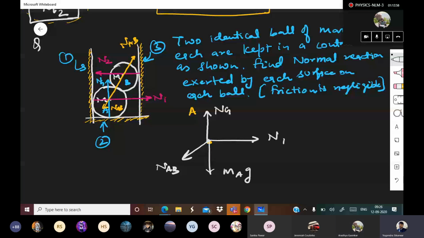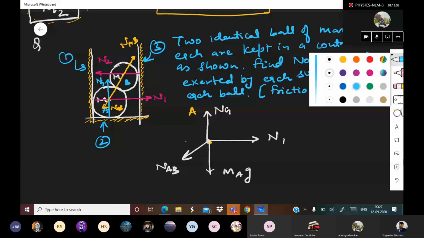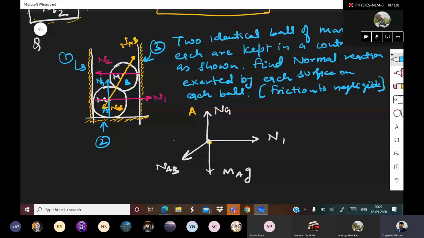Yes, sir. All right. Now, if I resolve this force NAB into this component and this component, for example, suppose this angle is theta. So if this is theta, this will also be theta.